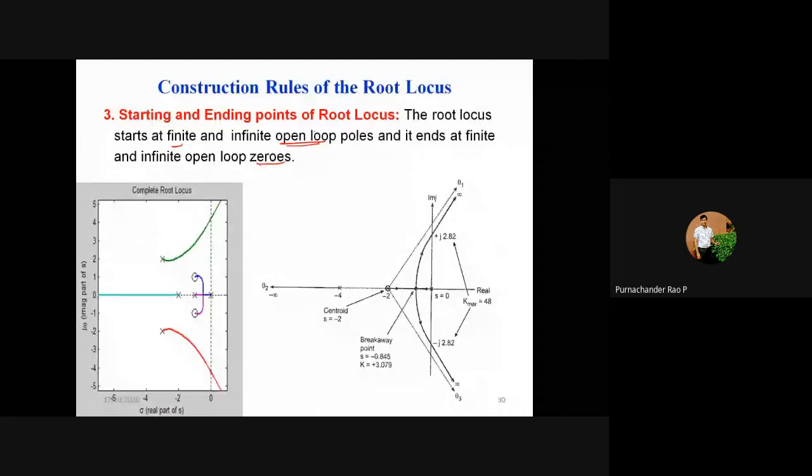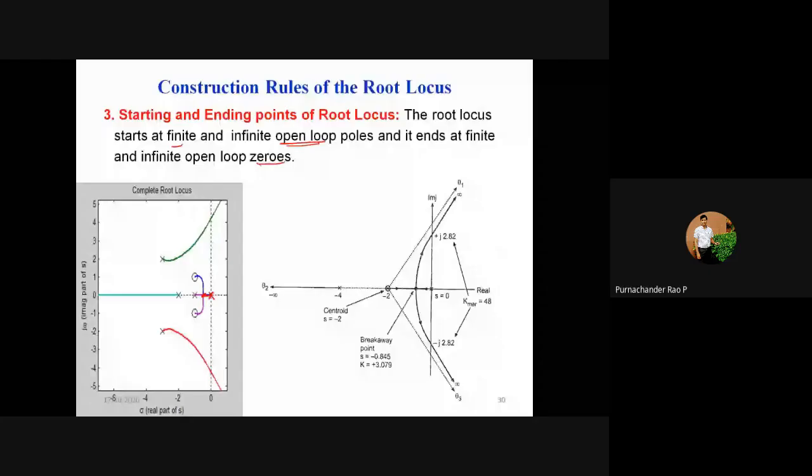Here this blue line starts at a pole, breaks away at this point, and then terminates at a zero.